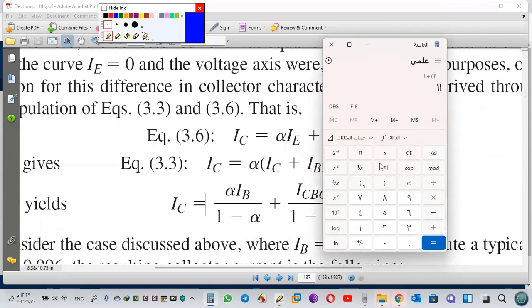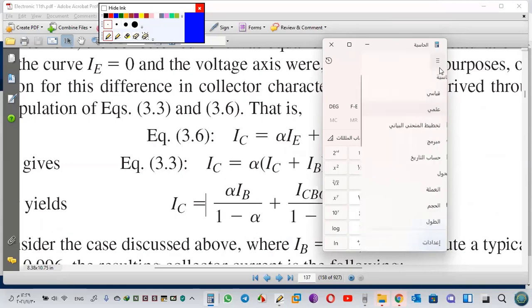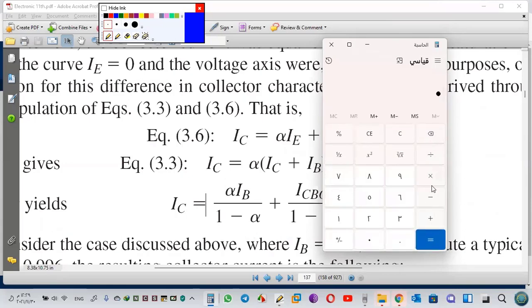Clear. 1 divided by 0.004. That's 250. That means ICEO equals 250 ICBO.